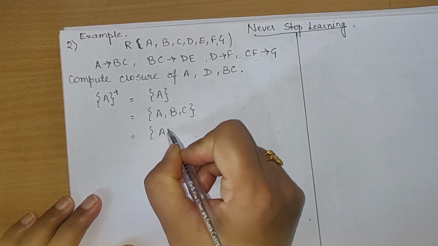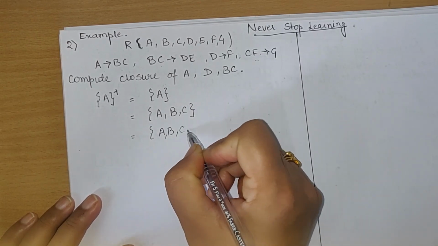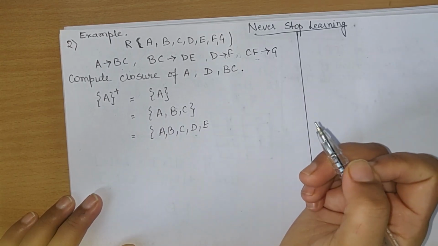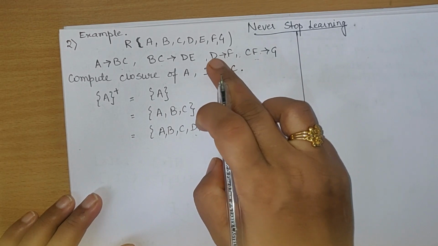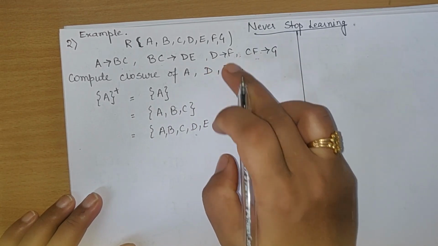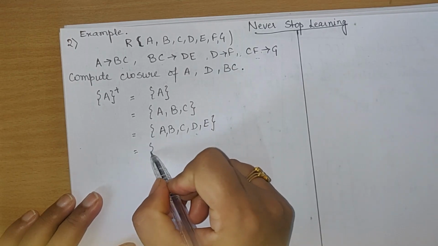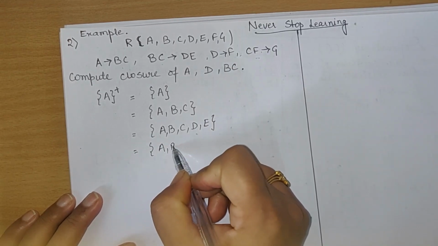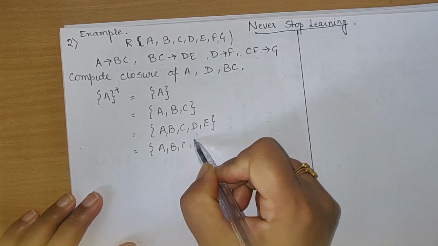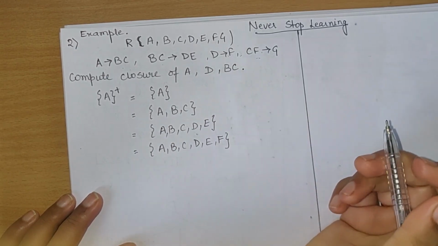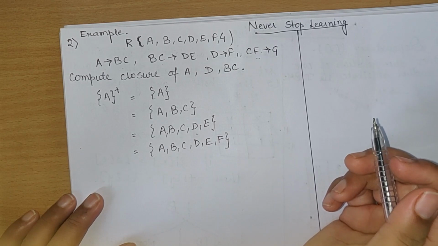I can write A, B, C, D, E. Right? Now as you can see, D determines F. So if I use this D, I will get F also. So here I have to write A, B, C, D, E, F. So I can determine F as well using D.